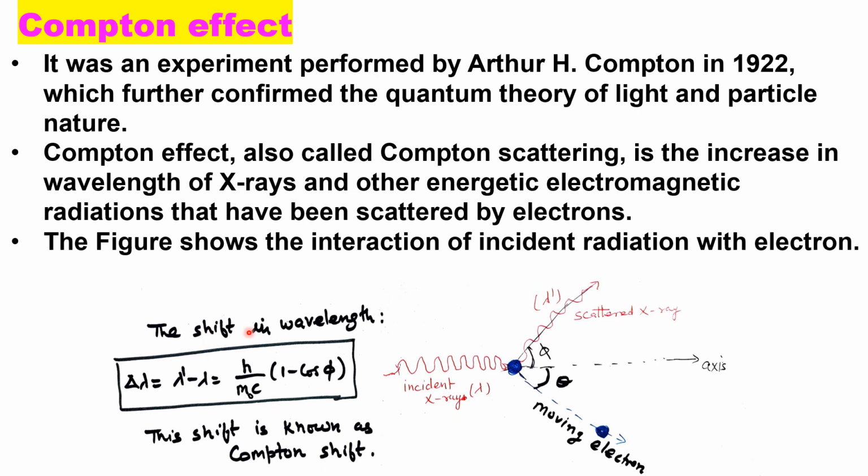So there is a shift in the wavelength, λ' minus λ equal to h/(m₀c) times (1 minus cos φ). This shift is known as the Compton shift, and it does not depend on the wavelength or frequency of the incident radiation. The shift depends only on the scattering angle φ.